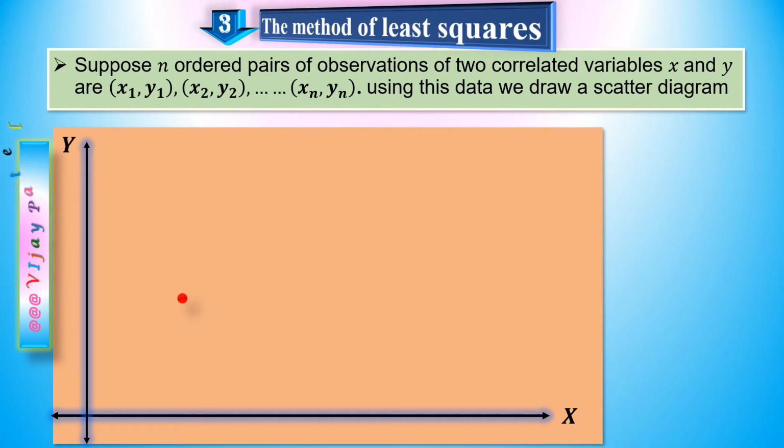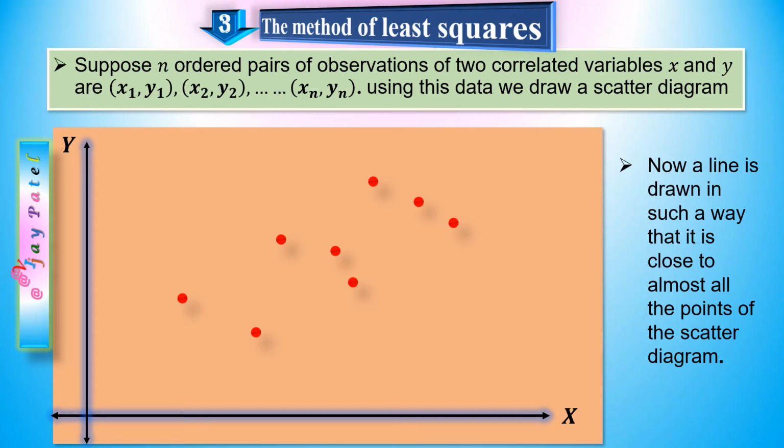Now plot the n ordered pairs of observations x1 y1, x2 y2, x3 y3, x4 y4, up to xn yn. Now a line is drawn in such a way that it is close to almost all the points of the scatter diagram. Here we are drawing a line such that all the points should be near this line.